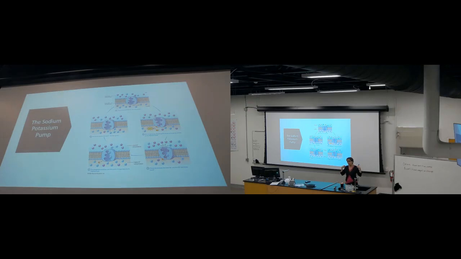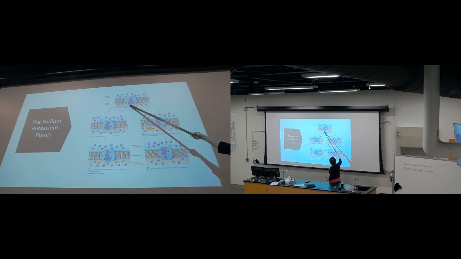Symporters can bring 2 molecules at once inside, and uniporters just 1 molecule inside or outside, depending. So this is a sodium potassium pump, and it has 3 little gaps that fit sodium, while it has 2 little gaps that fit potassium.